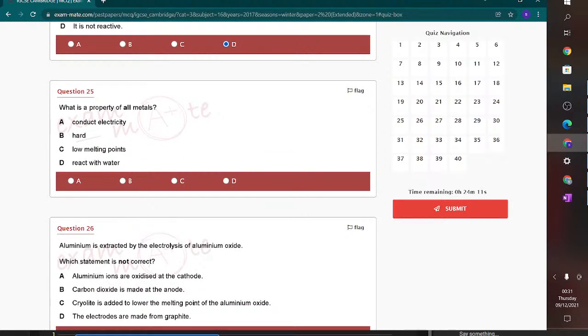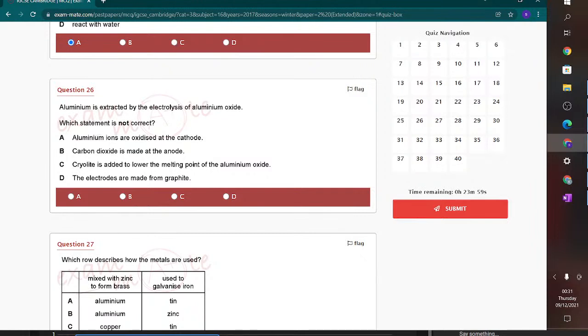What is a property of all metals? All metals conduct electricity. They all conduct electricity because they all contain free delocalized electrons that can move around. Aluminium is extracted by the electrolysis of aluminium oxide. Which statement is correct? The electrodes are made from graphite.